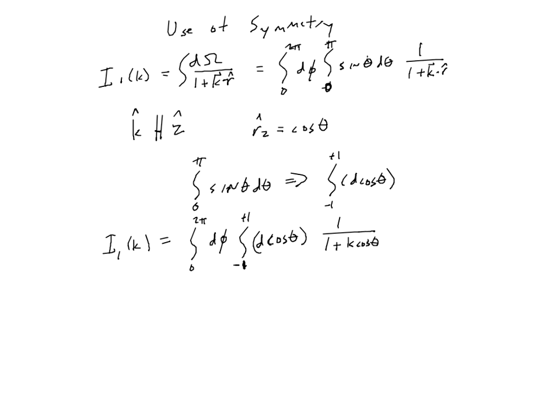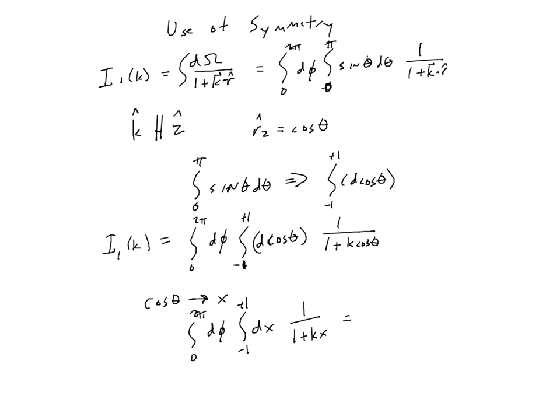Because r is a unit vector, it doesn't put anything else on here. So now you're integrating with respect to cosine theta. Often people will make cosine theta into some other variable, say x. This becomes the integral from 0 to 2 pi d phi of the integral from -1 to +1 dx of 1 over 1 plus kx, which is a heck of a lot easier to look at. And it all came just by simplifying.